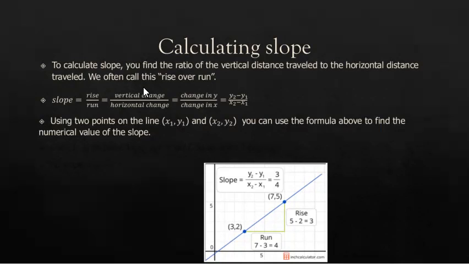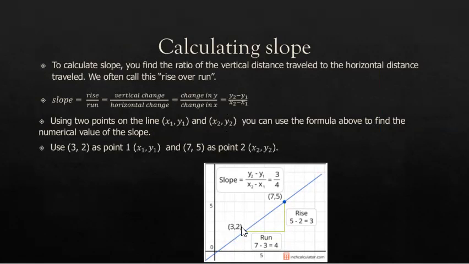So if we take the points x1, y1 being the x value and the y value of 1 point, and x2, y2 being the x value and the y value of a second point, then we can use this formula up here to find the numerical value of the slope.